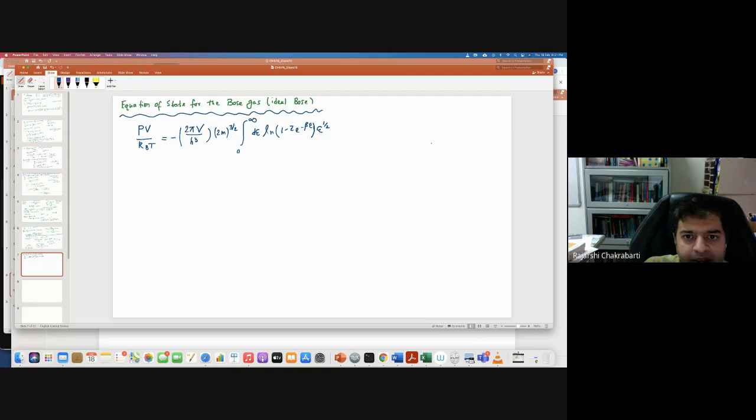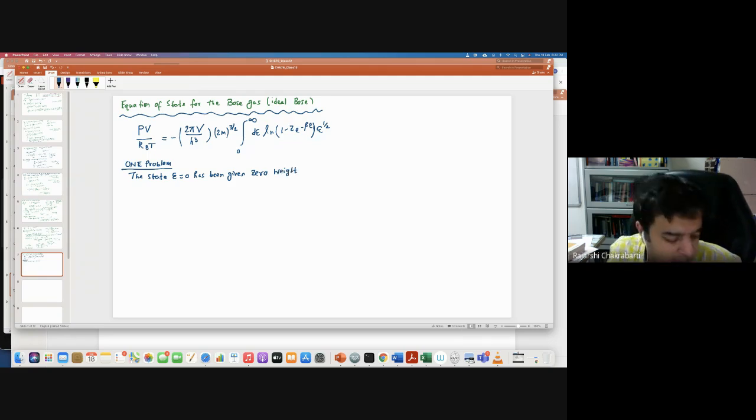So now if I write like this, I have a problem. One problem is there. What is that problem? The state epsilon equals 0 has been given 0 weight, isn't it? Because epsilon to the half, no? And this is not acceptable.